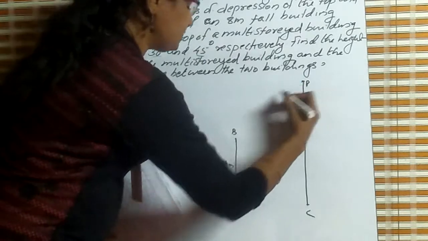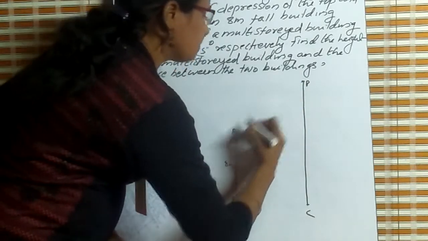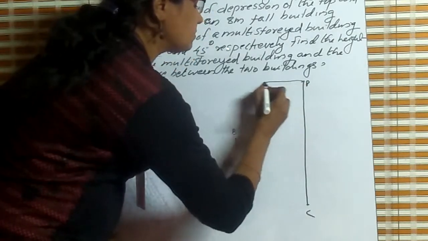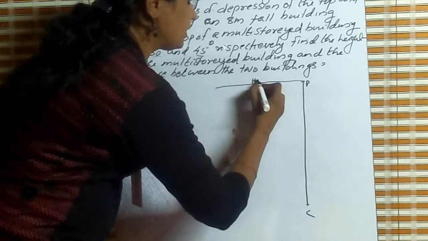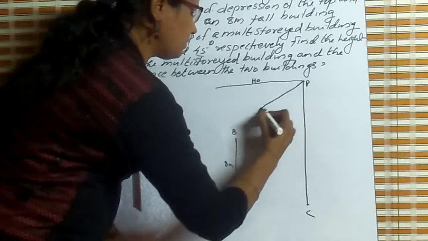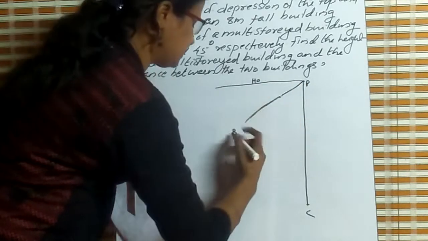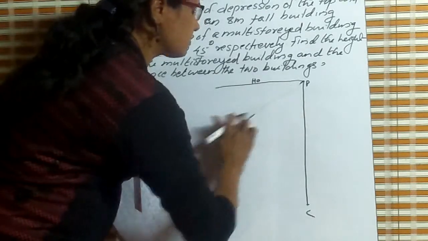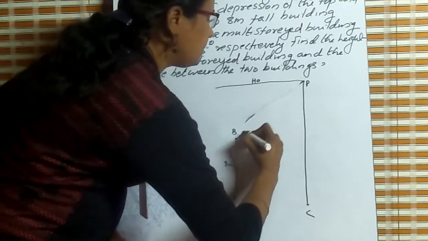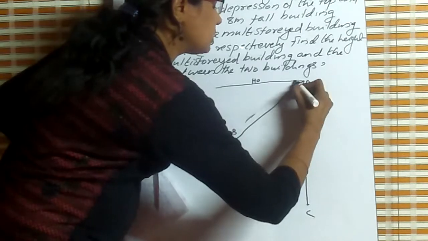From this point, the man has his horizontal ray, and this PB is the line of sight.